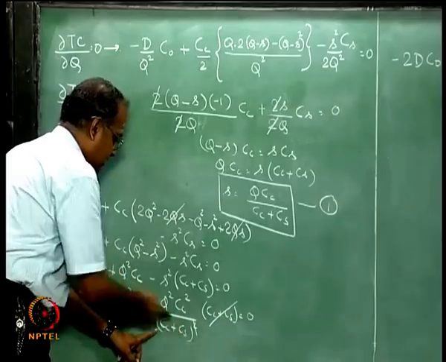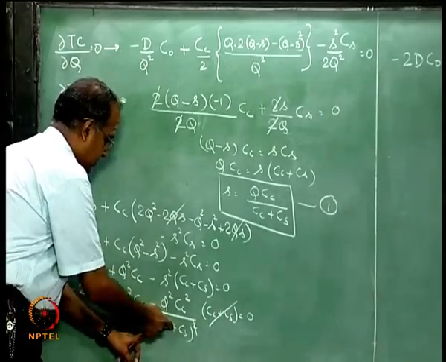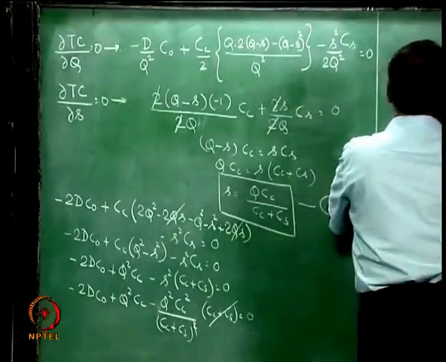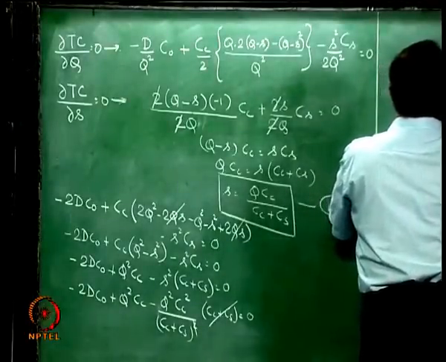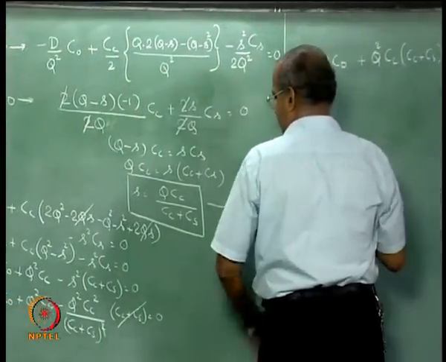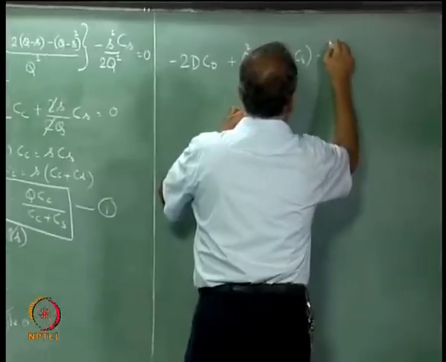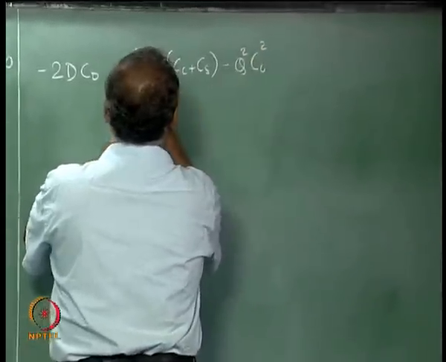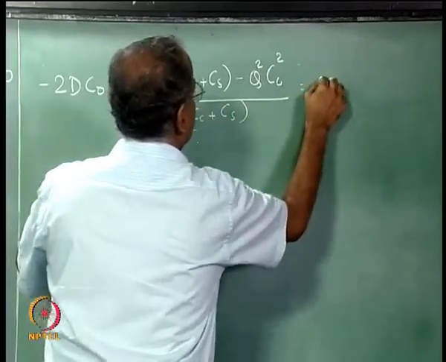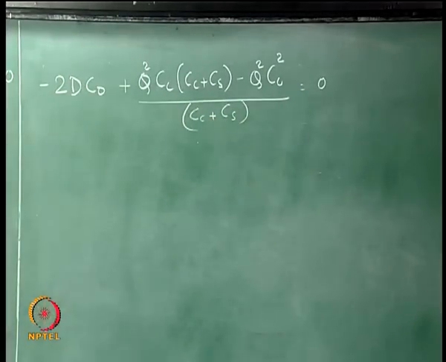Now, take this here, only here, plus Q square CC into CC plus CS minus Q square CC square by CC plus CS is equal to 0.